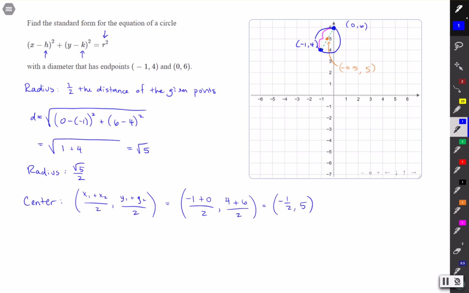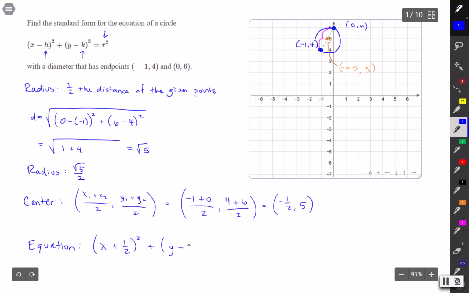Now I just need to take these two pieces of information and build the equation of the circle. So the equation of the circle here would be (x - (-1/2))², which is (x + 1/2) quantity squared, plus (y - 5) quantity squared, equals the square of the radius.